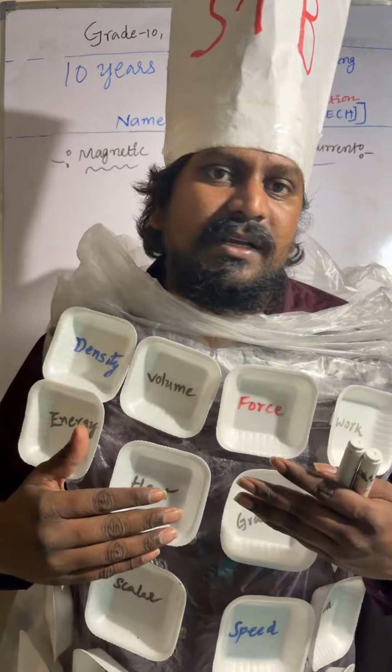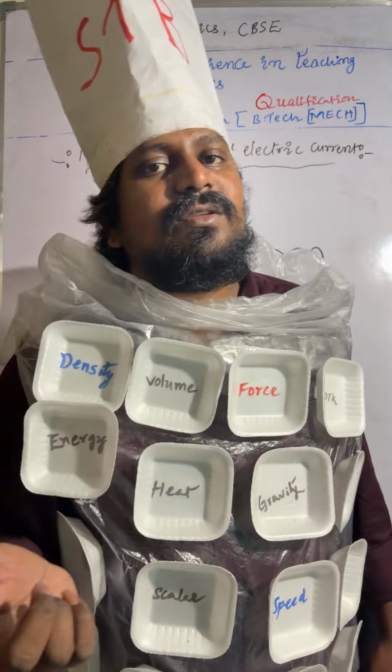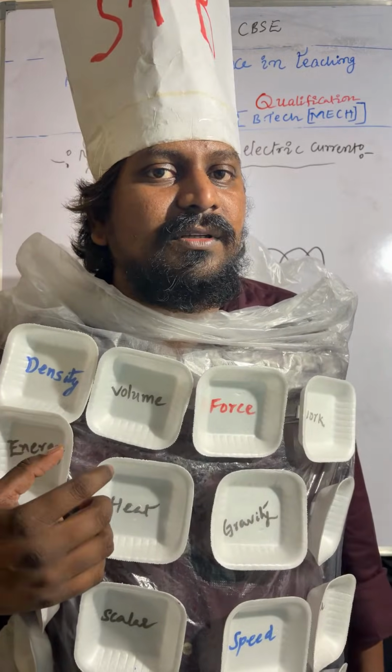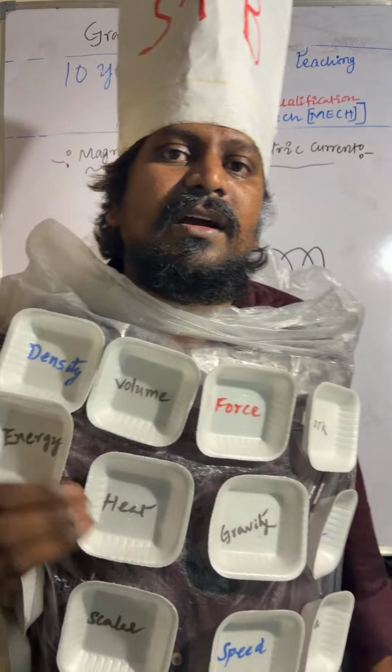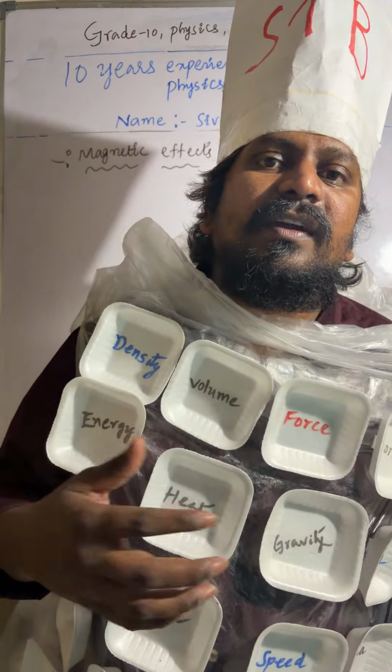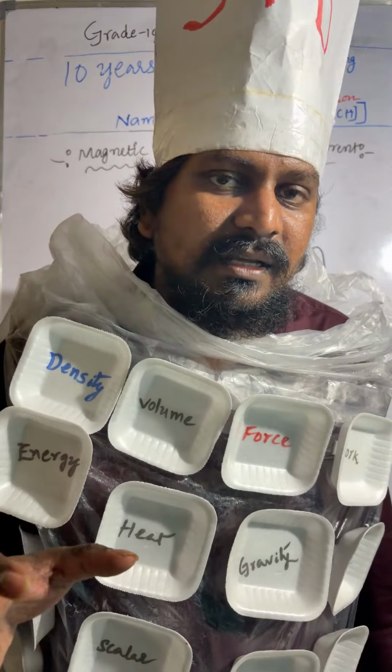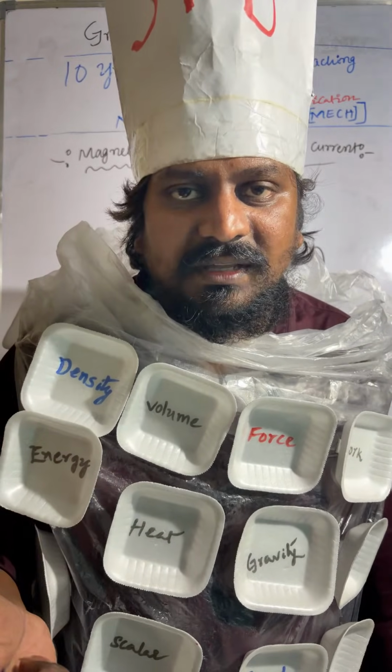If the current is passing through the conductor, then magnetic field will be produced around the solenoid. Yes? How will the magnetic field be there?